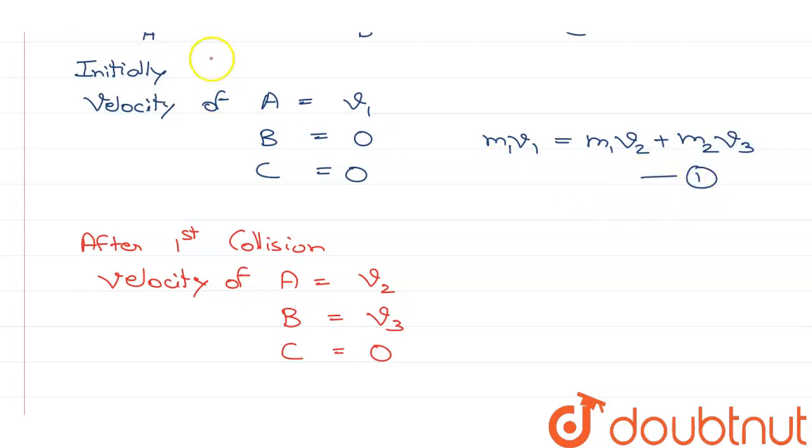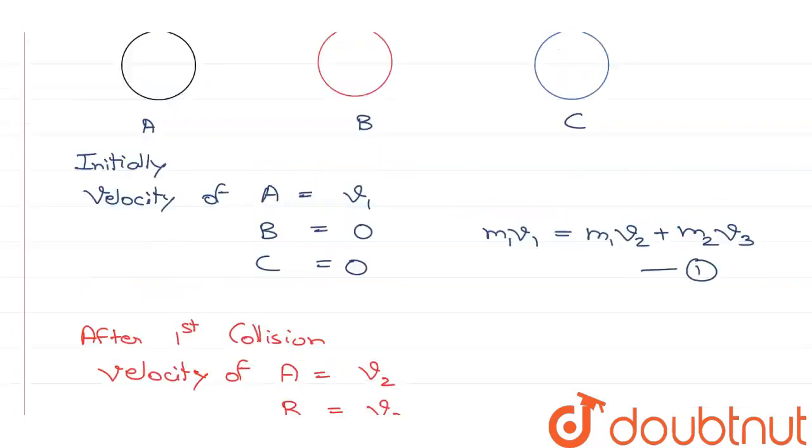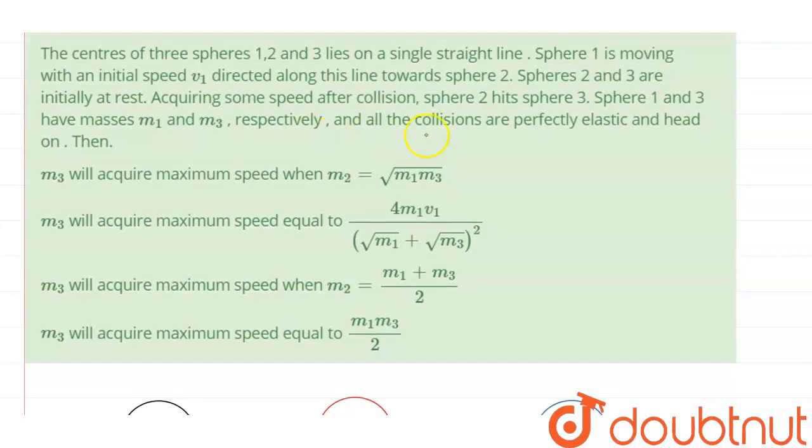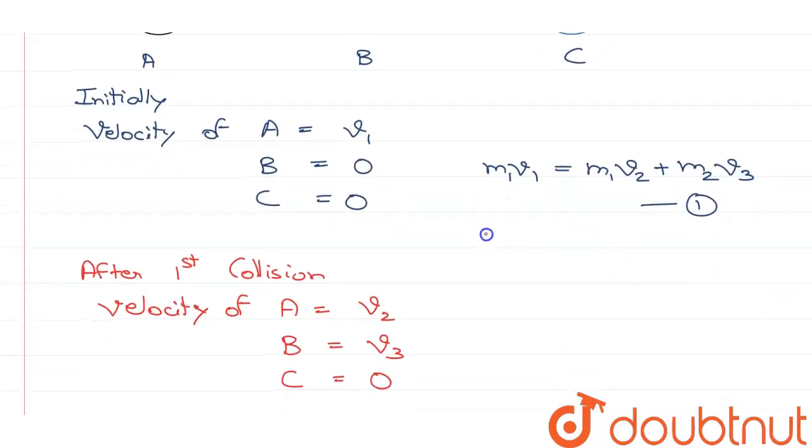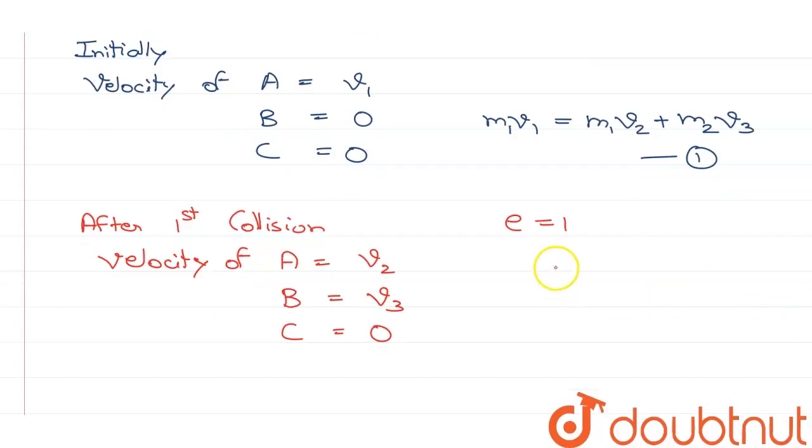Now in the question it also says that the collisions are elastic in nature. So I can say that the coefficient of restitution is 1, which means 1 will be equal to the velocity of separation, v3 minus v2, upon the velocity of approach, which is v1 minus 0.